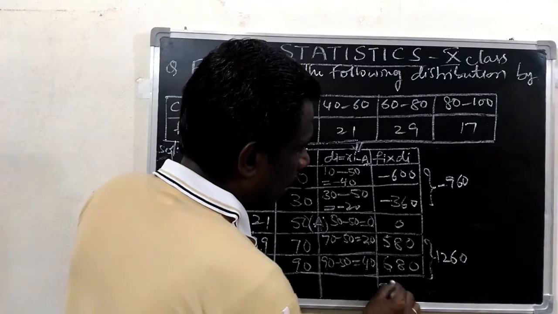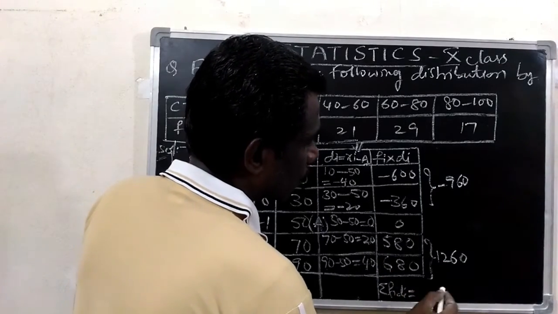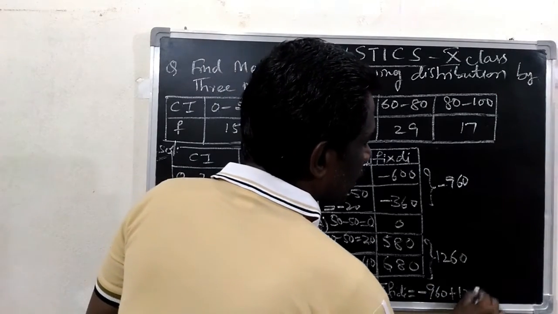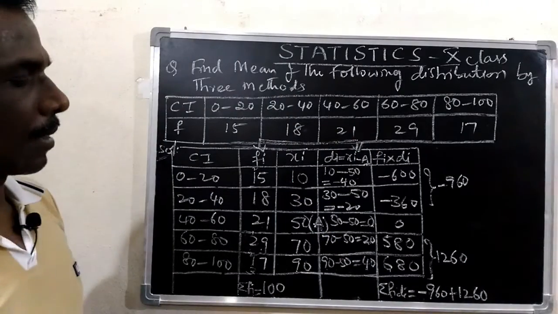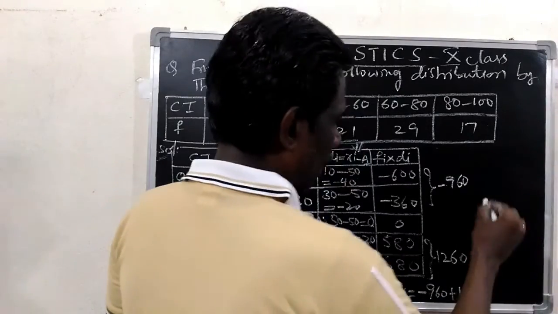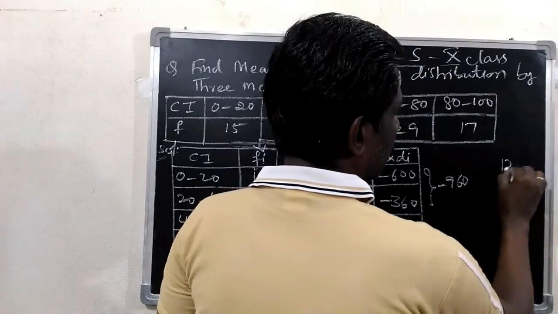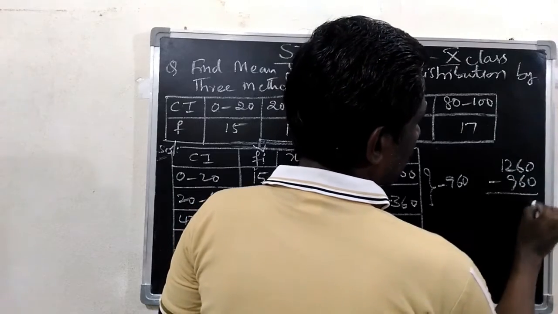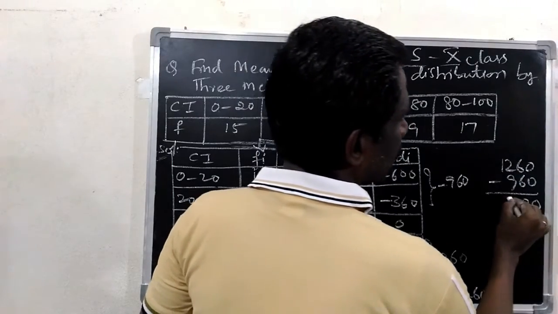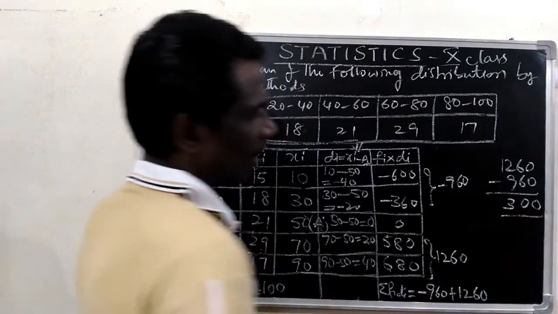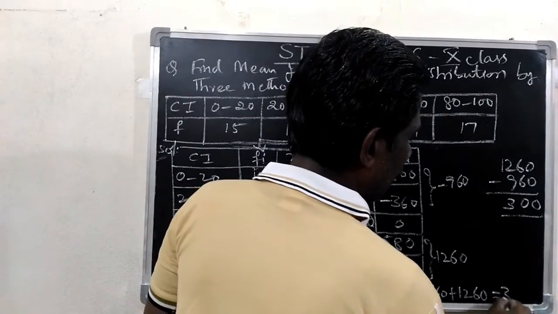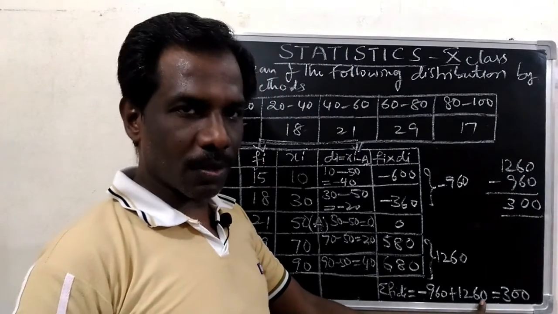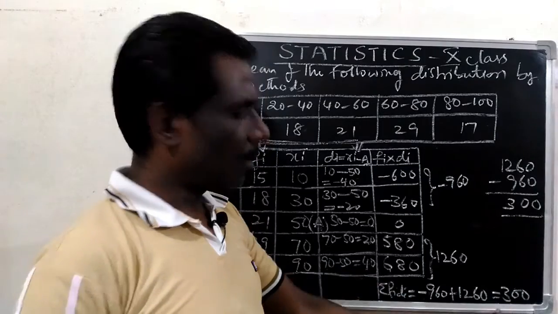So sigma fidi is equal to minus 960 plus 1260. The difference is 1260 minus 960, which is 300. Of these two values, 1260 is the greater value, that's why its sign is positive.